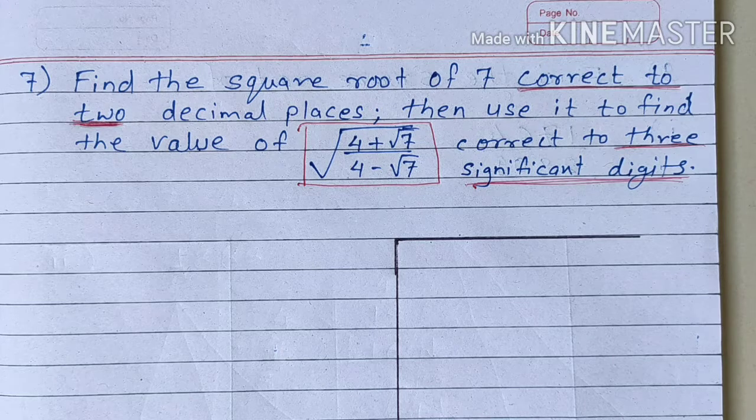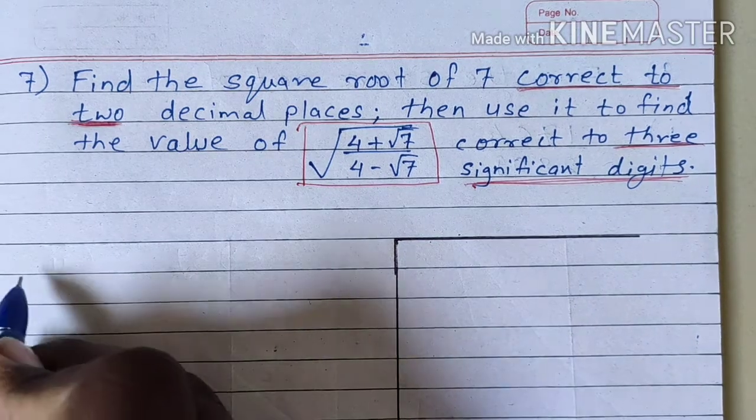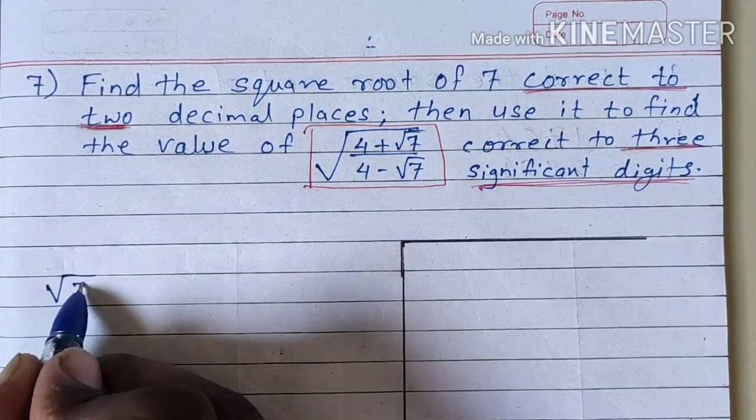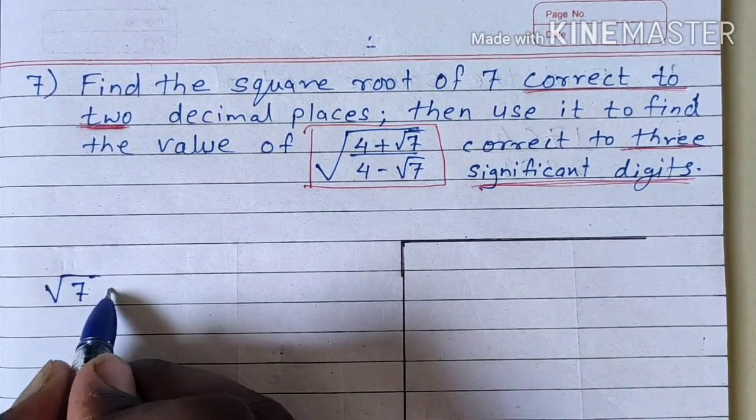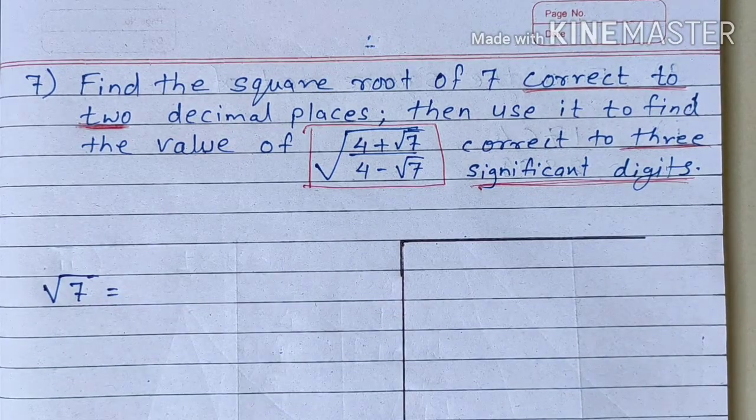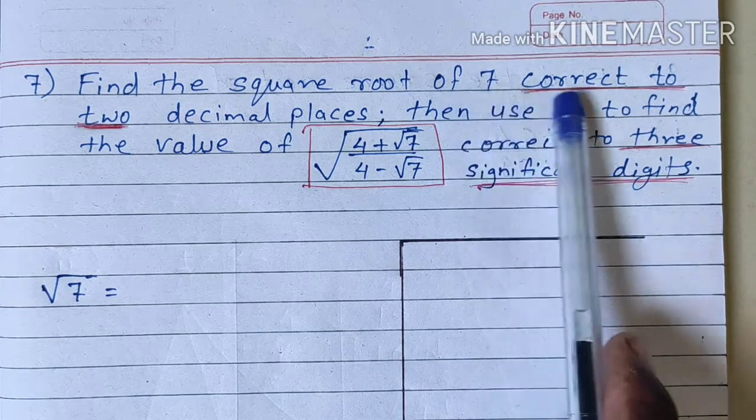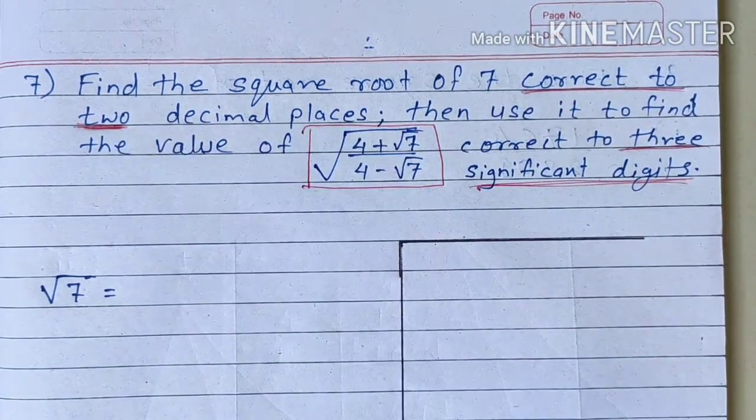Now find the square root of 7, that is the first question. Let us find out the square root of 7 by using the division method. How many digits do we want for root 7? Correct to 2 decimal places.